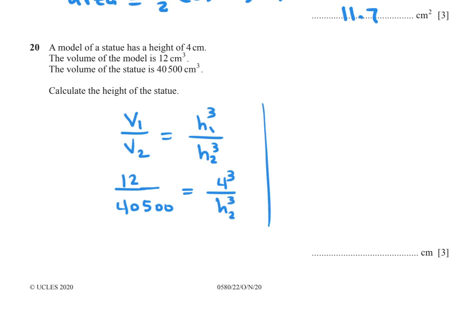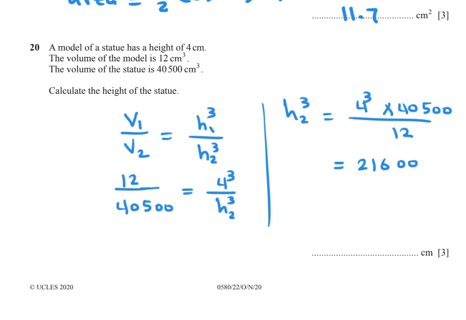So now cross multiply, so h2 to the power 3 equals 4 to the power 3 times 40,500 divided by 12 equals 216,000. Now to find h2, the height of the statue, the cube root of 216,000 equals 60 centimeter.